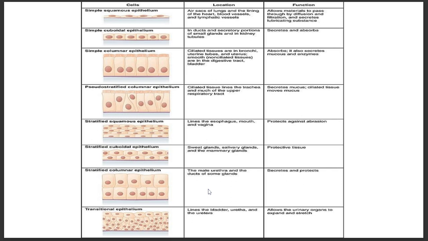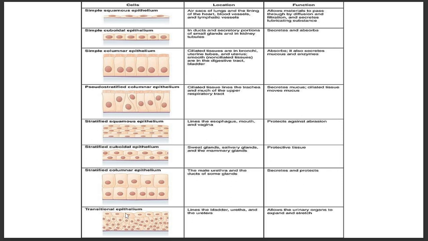It could easily shed off. That is why you need something thicker, okay? Because when the urine and the sperm are coming at a very fast rate, there is more friction happening, pushing on the sides of this kind of epithelium. And so you need something much thicker.